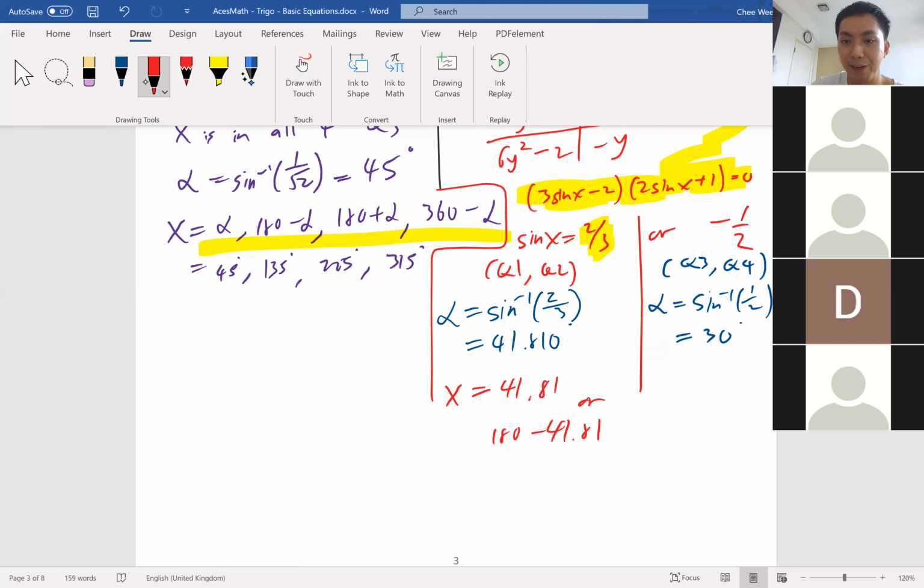So I will not write out the final answer, I just show you all the working only. And the second side is 210 and 330.